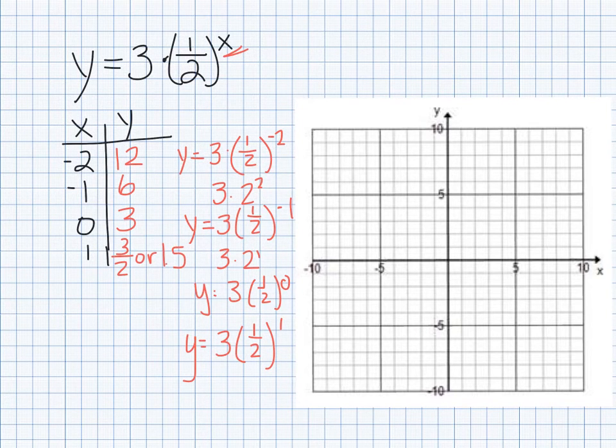As we graph, -2 is way up here at 12, -1 is at 6, 0 is at 3, and 1 is at 3 halves, or 1.5. Again, we can see that this is a curved graph.